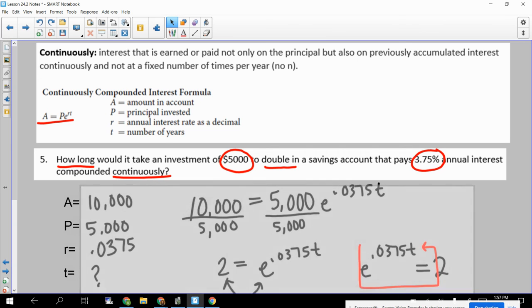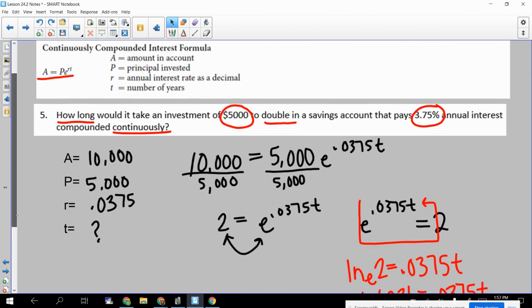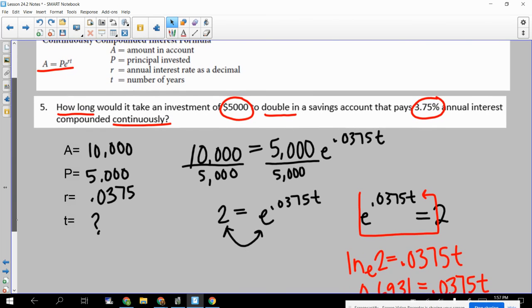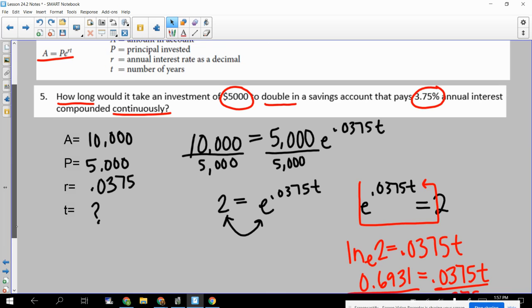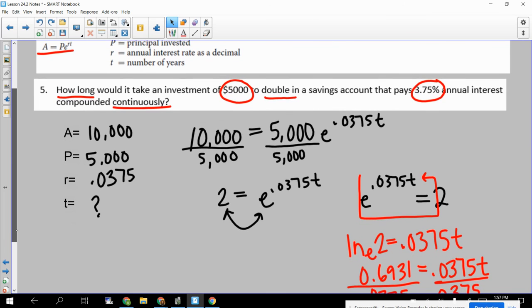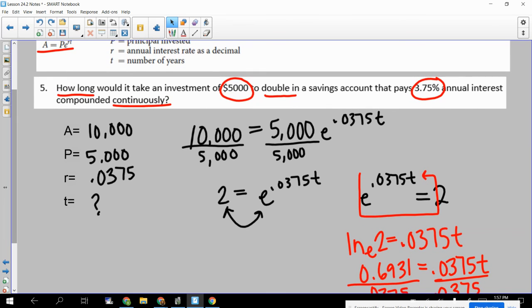All right. So I kind of walked you guys through what info you should have. You plug it in. The first thing you should do is divide by that 5,000 on both sides. That's going to cancel here and leave you with 10,000 divided by 5,000 is 2. And then e to the 0.0375, the rate, times t.